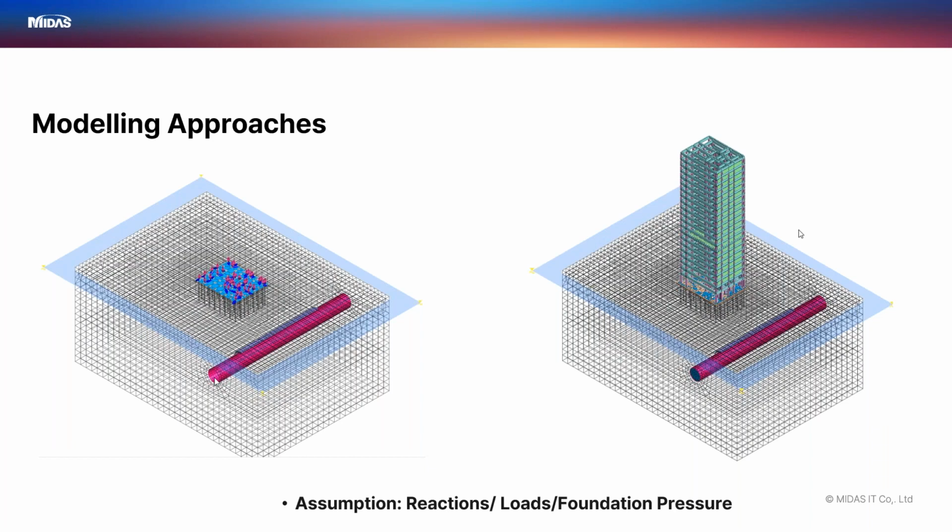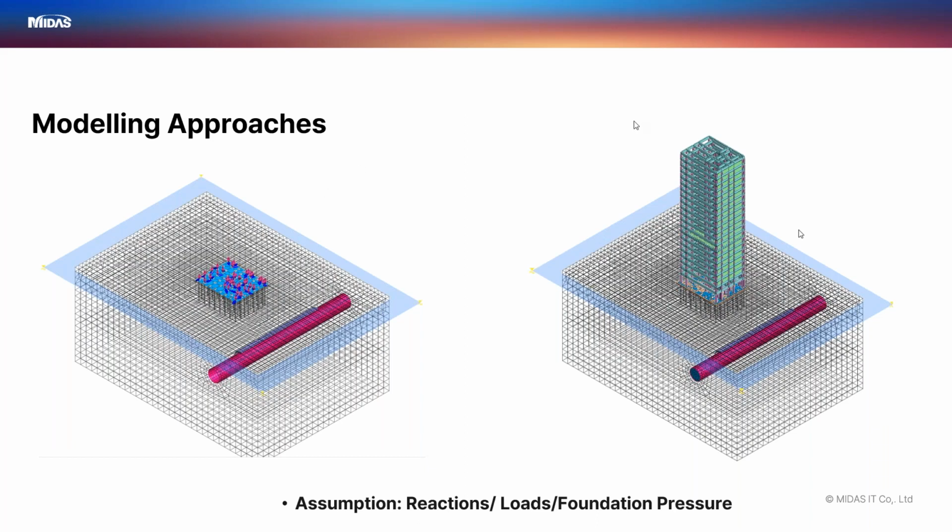Here we have a shield tunnel of around 6 meter diameter, progressing very close to an existing building with the foundation elements. So this building complex or tower has been imported from Midas Gen, along with the nodal reactions at the points where the columns meet or transfer the load to the raft, and then finally to the piles and to the ground.